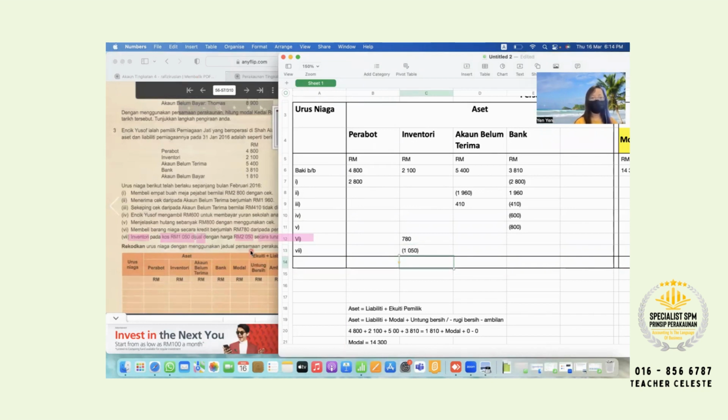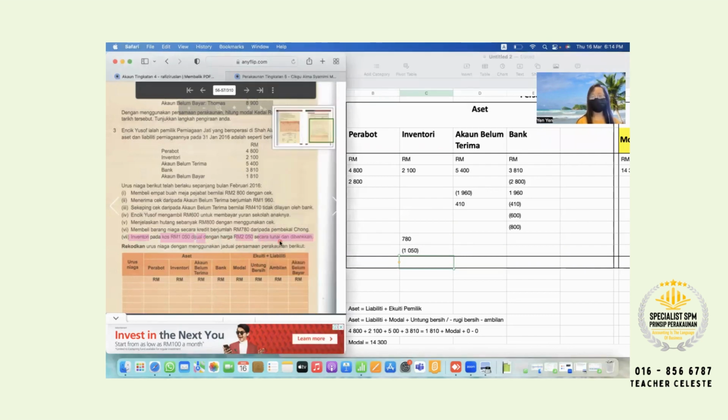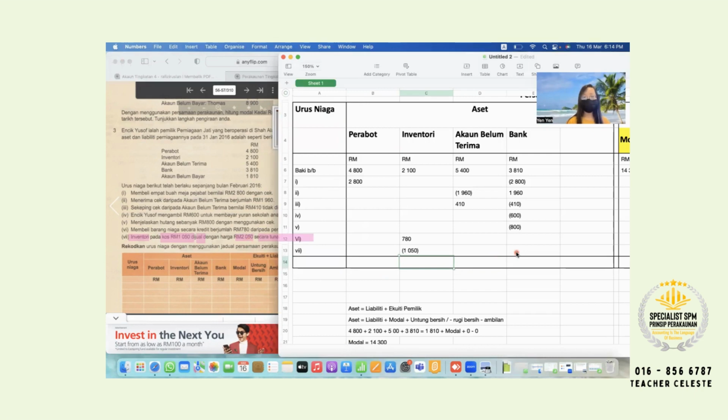Okay, next continue. Dijual dengan harga 2050 secara tunai tanpa dibankkan. What is the meaning? Which means you receive cash. After that, dibankkan, cash deposit to the bank. So where is your 2050? Where is this money? On your hand or in the bank? Yes, in the bank.